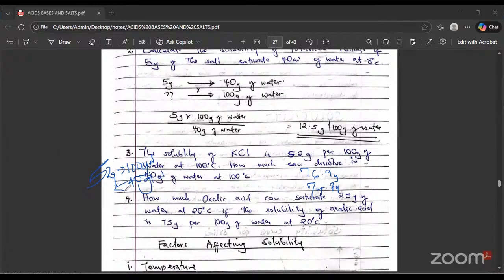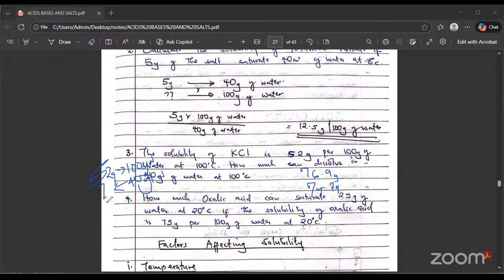So how much can dissolve? This is the question mark. How much of potassium chloride? Nasema 52 ina dissolve in 100 grams, si ndio?